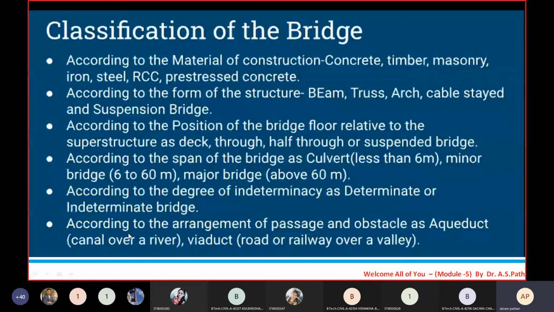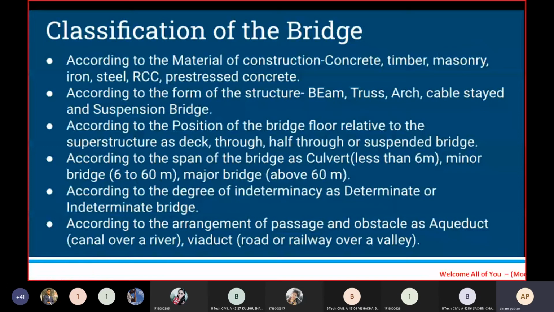Then according to the arrangement of passage and the obstacle, we have the aqueduct. What is an aqueduct here? For example, there will be a canal. A canal is a passage for supplying water for irrigation.